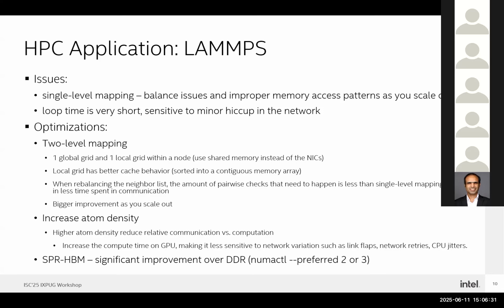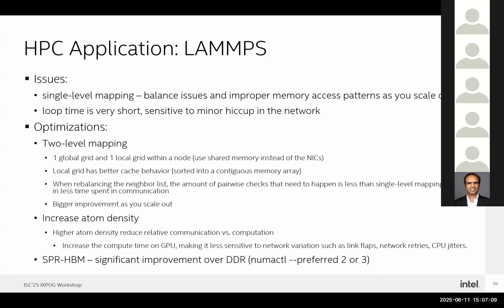There's one local grid and one global grid. The local grid is per node, and what they did is sort this local grid to improve cache locality. That also helped with the check. So by using 2 grids, the number of checks is less, and the overhead is less. They didn't see much improvement when running with very few nodes, but at higher node counts, that provided a very good improvement.